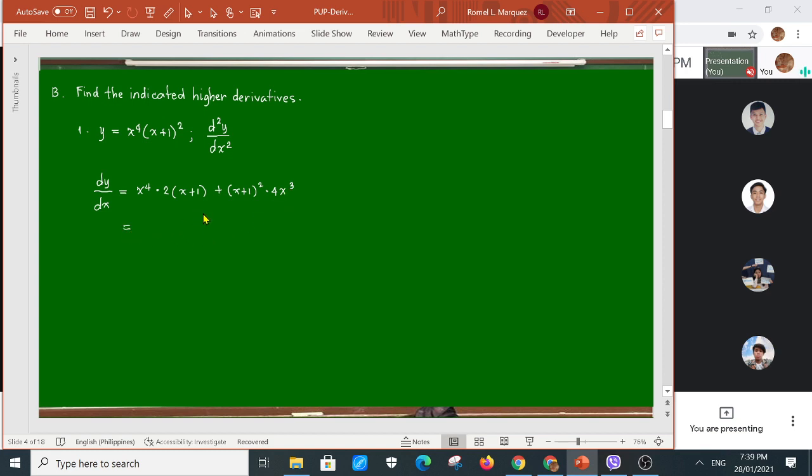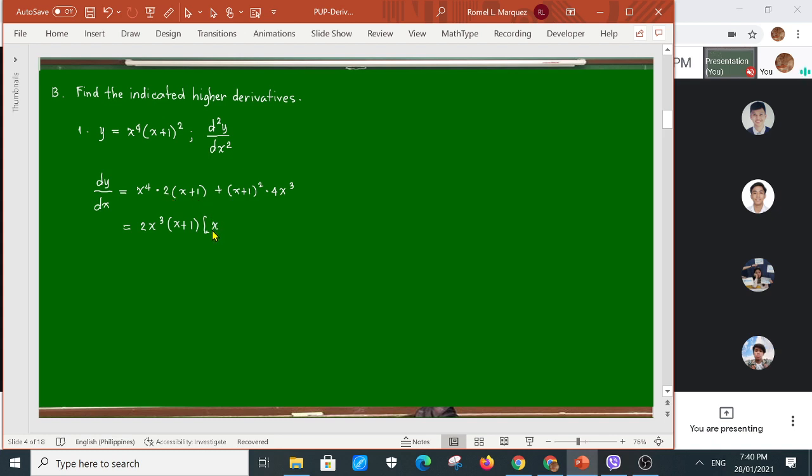Then that is equal to, what is common, children? Common is 2. Another common, x cubed. What else? There is still x plus 1. What is left, which I'm going to write on the right? I removed already x cubed as a factor from x to the 4th, together with the 2, together with x plus 1.